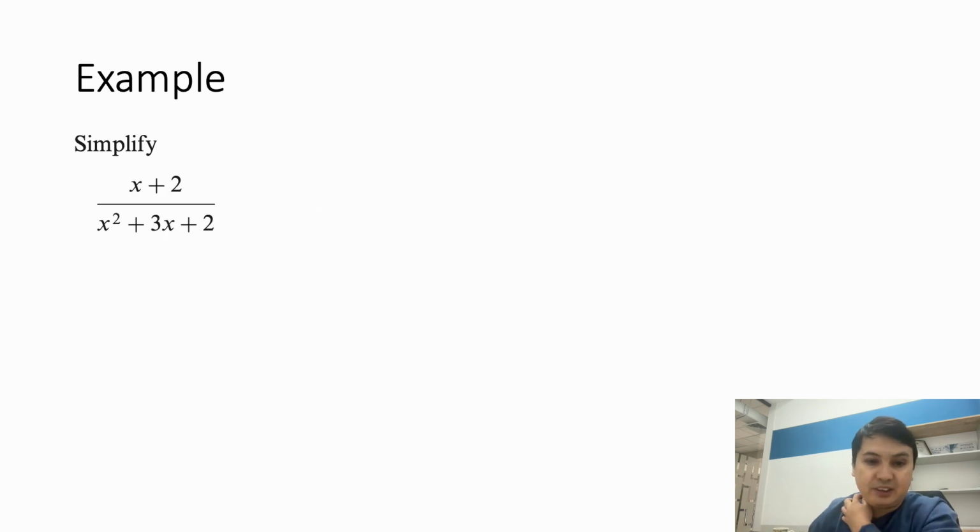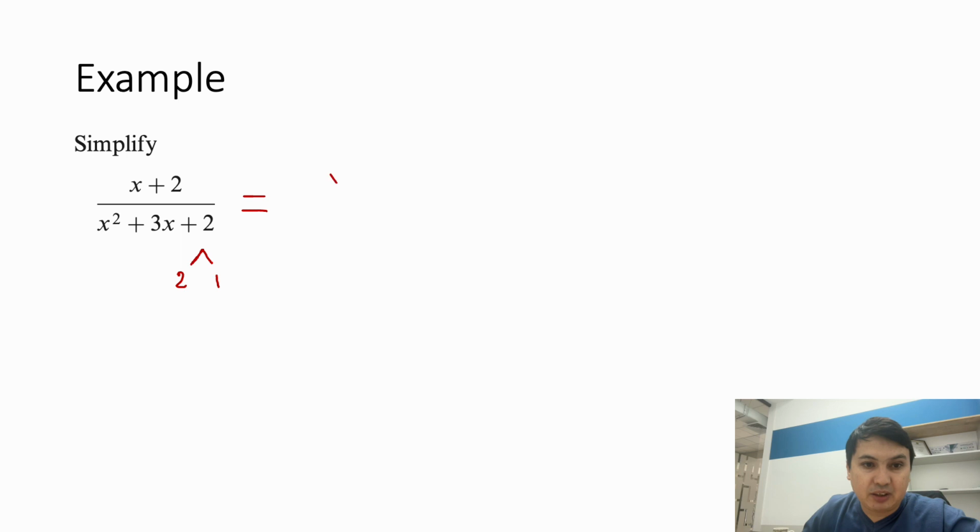Okay, another example. That looks a bit tricky, right? At first you might say there is no x plus 2 term at the bottom, so nothing will cancel. But if you remember, we discussed how to factorize quadratic expressions. Here I can write 2 and 1: if you multiply, you get 2, and if you sum, you get 3, which is the coefficient of x.